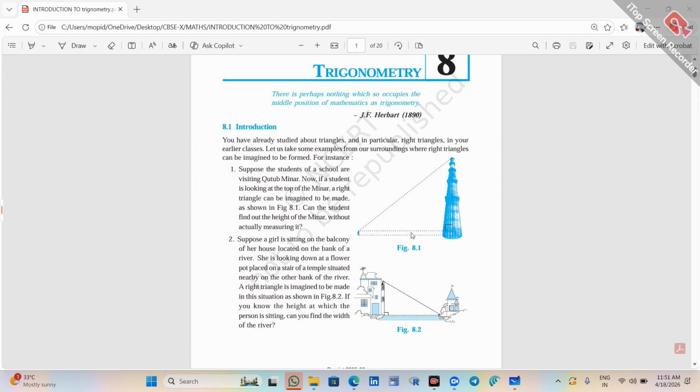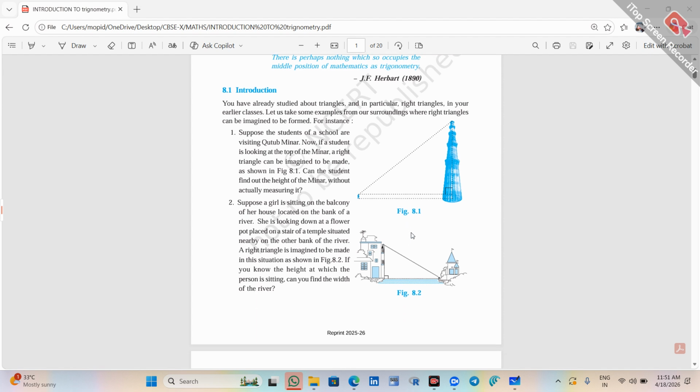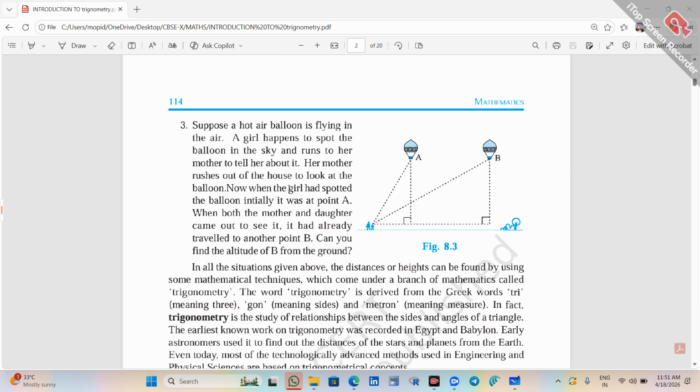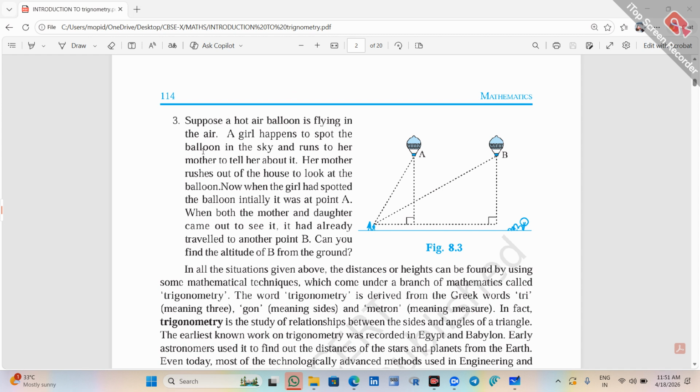Trigonometry is nothing but the real life application of right angle triangles in our daily life situations. See here, another one they have given. Suppose a hot air balloon is flying in the air like this. Two hot air balloons are flying and a girl happens to spot the balloon in the sky and runs to her mother to tell her about it.